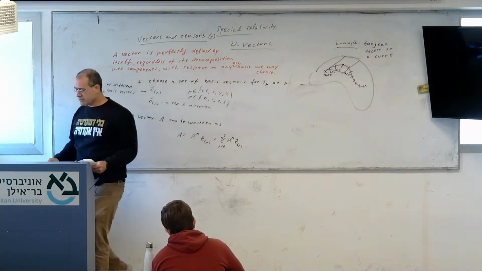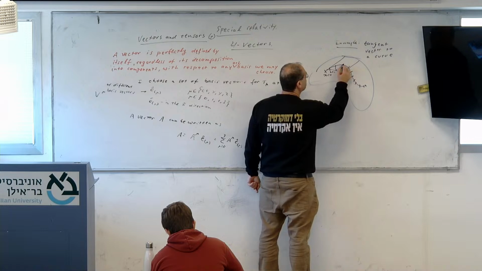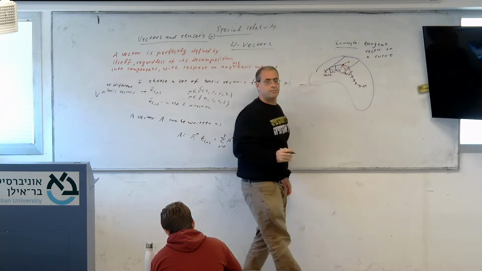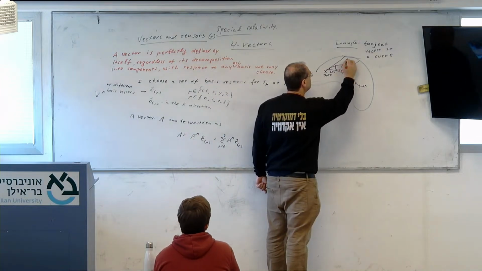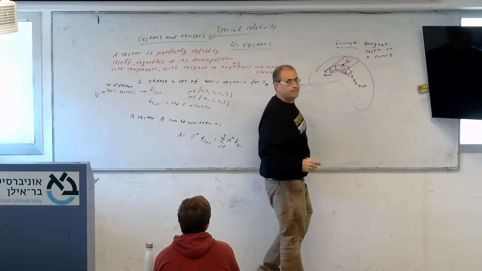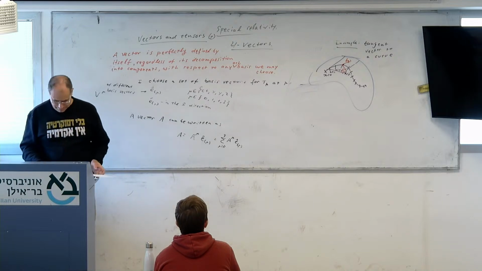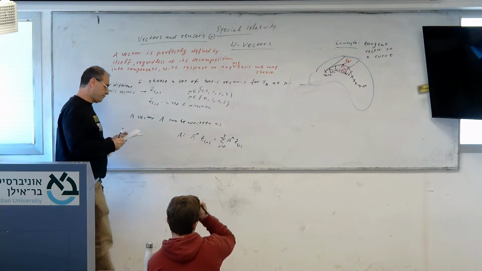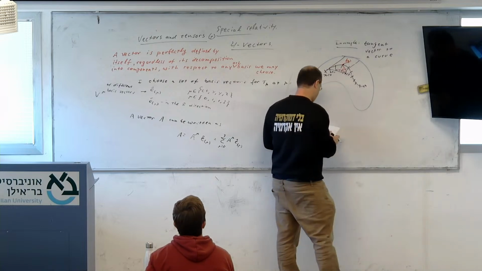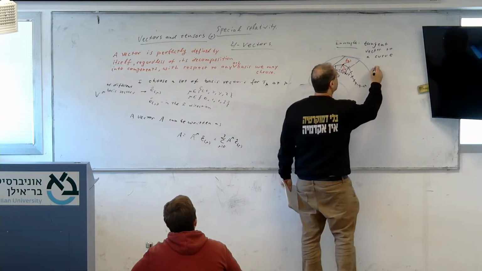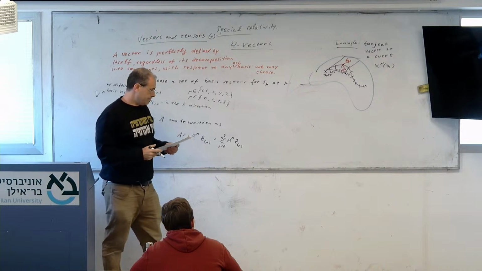So I can set coordinates. And then I can set the coordinate as a function of the parameter, so for example, x mu of lambda. It is allowed.